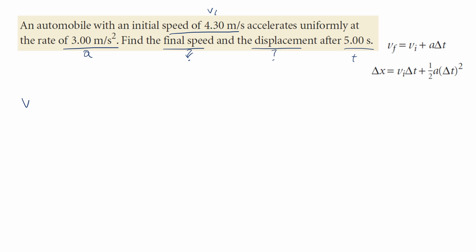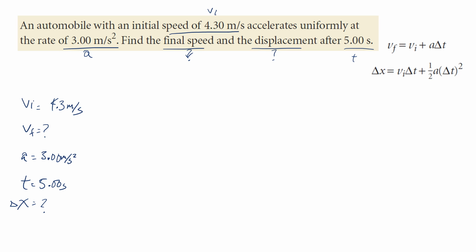So again, I'm going to do v, a, t, x: v initial, v final, acceleration, time, and delta x. Our v initial is 4.3 meters a second. Our v final, we don't know, let's solve it. We need to have our acceleration, which is 3.00 meters a second squared. Our time is 5 seconds. And we need to know our displacement.